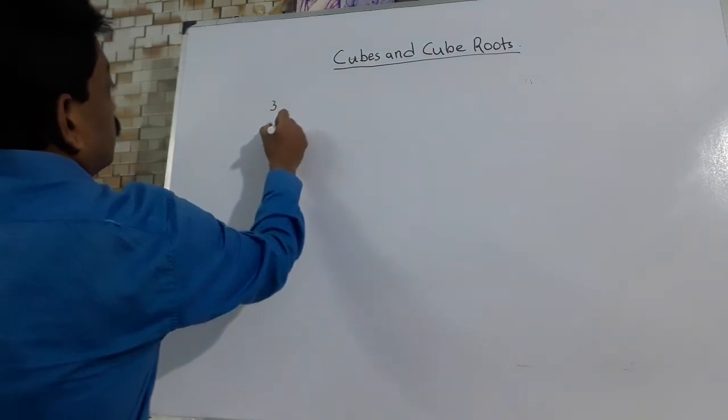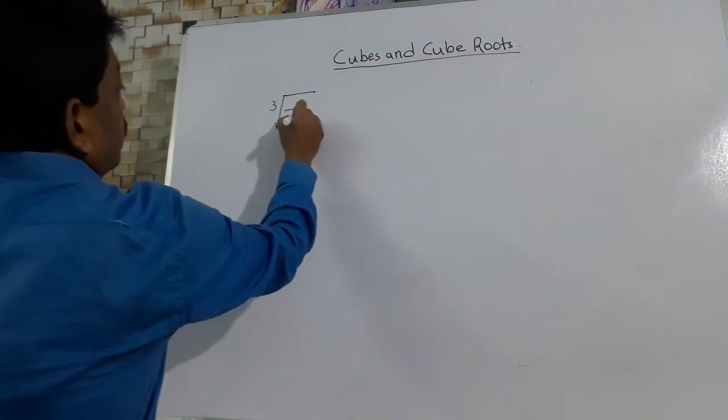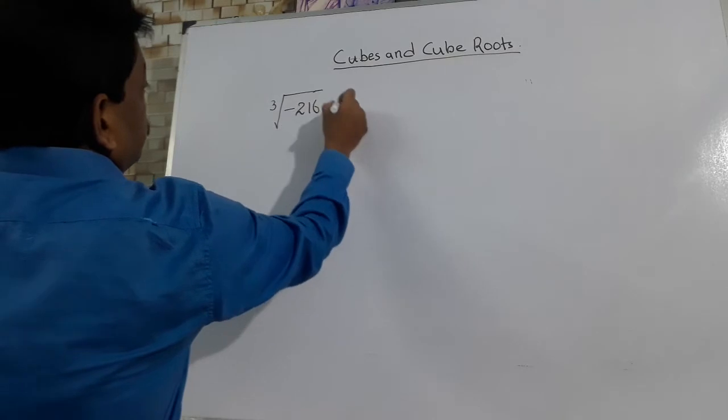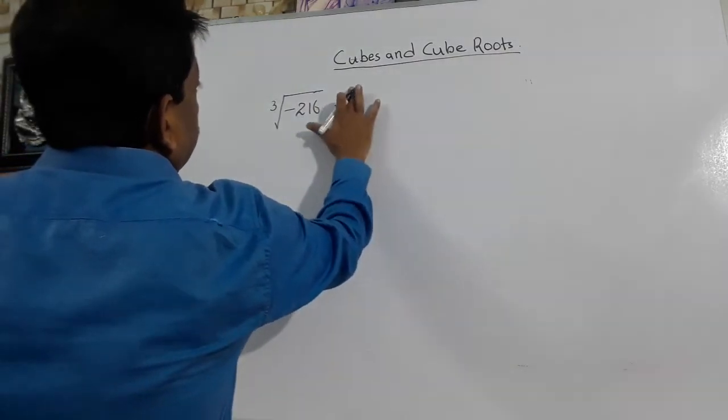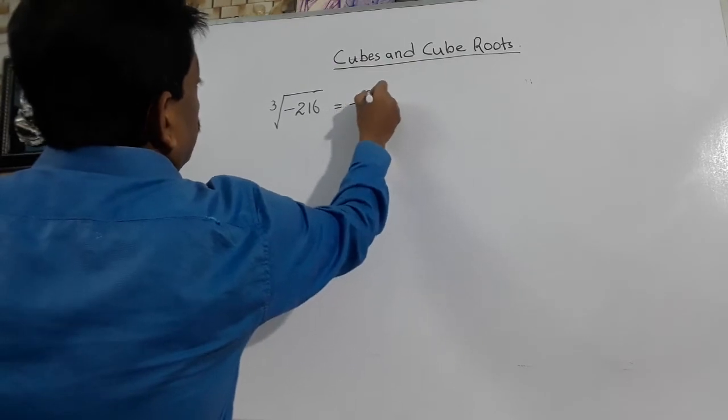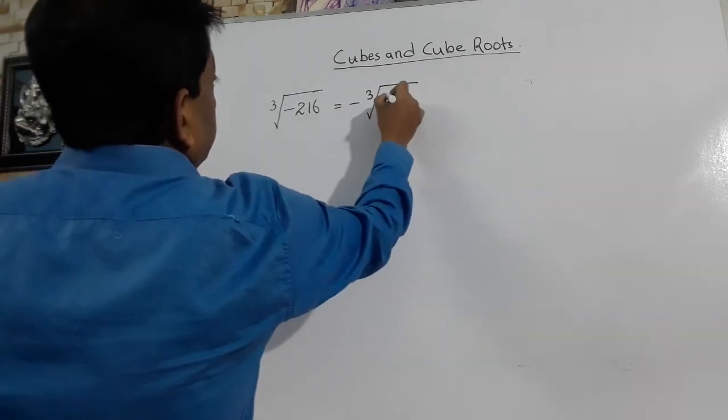Cube root of minus 216. This can also be written as minus of cube root of 216.